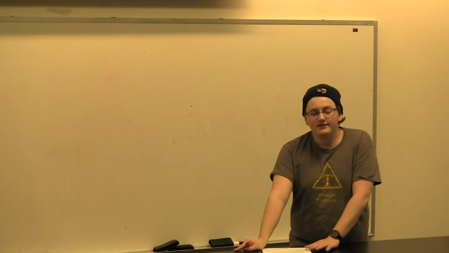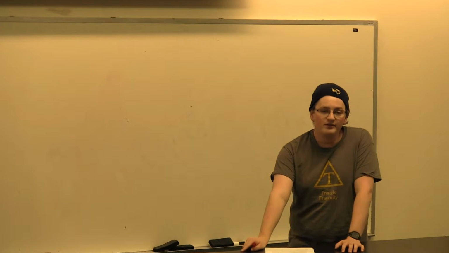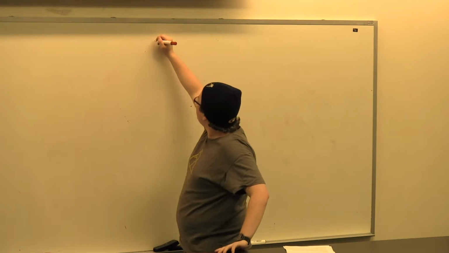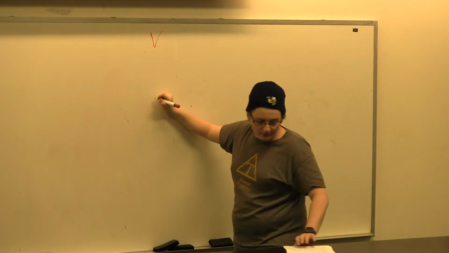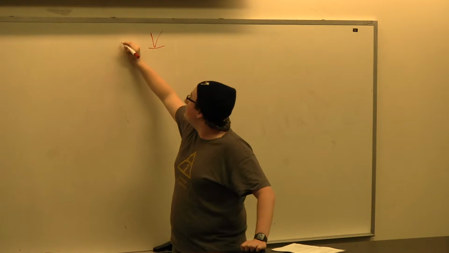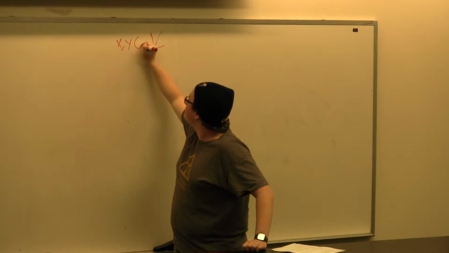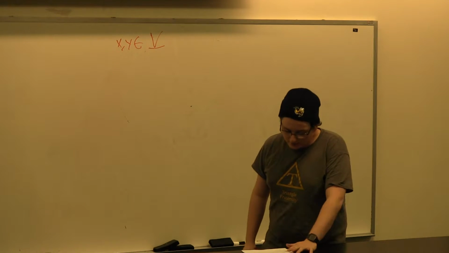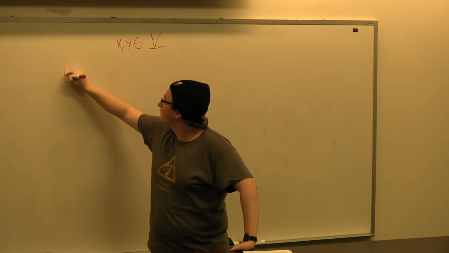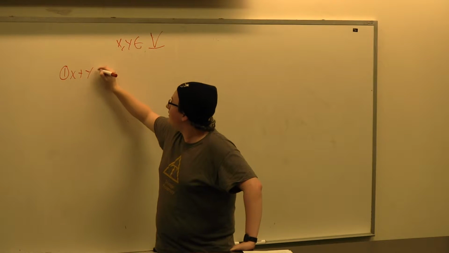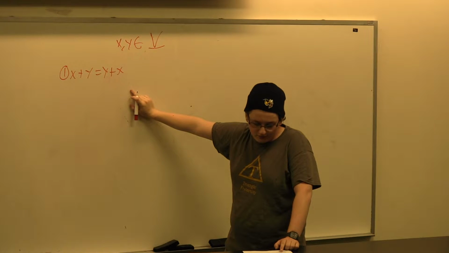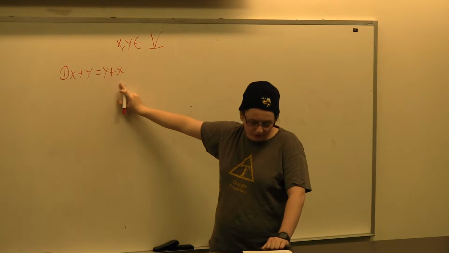An abstract vector space is a non-empty set which satisfies the following 10 axioms. For a vector space V, we'll call the elements in it X and Y. The first axiom is that X plus Y has to equal Y plus X, so it's commutative under addition.